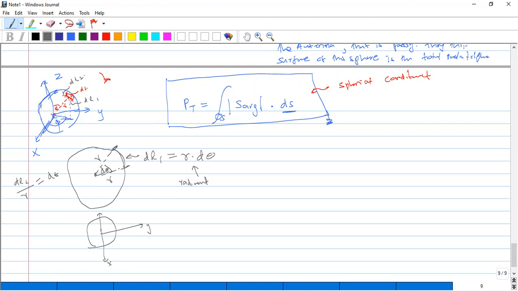This is r and this is theta, so it will be r sine theta. Now you are going to find this.